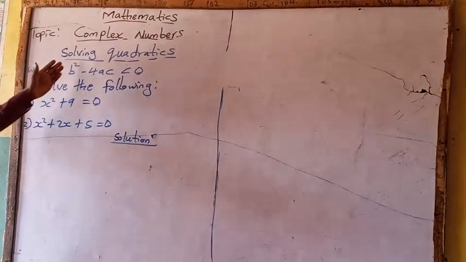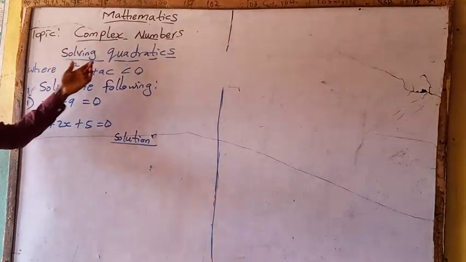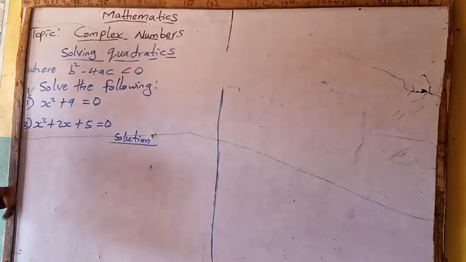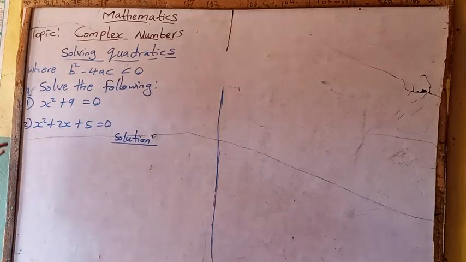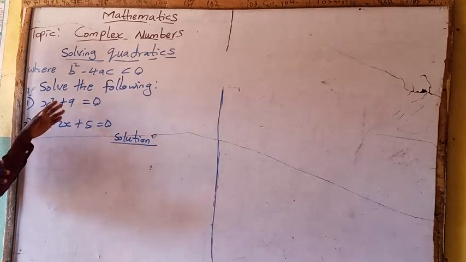So we have talked about the addition, subtraction, multiplication of complex numbers. Now we want to talk about solving quadratic problems. In some cases, you will observe that you cannot factorize easily. You use the formula method or completing the square method.